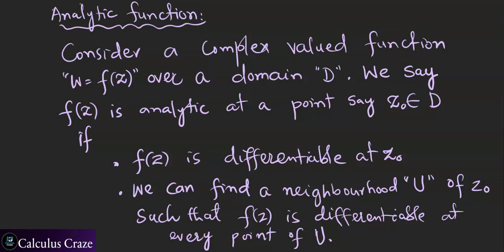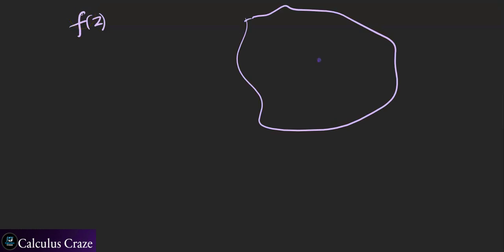Let's simplify the definition in our own words. We have a function f of z and we have a domain, and we take a point z naught. We will say that this f of z is analytic at this point z naught if, number one, the derivative of f at z naught makes sense.